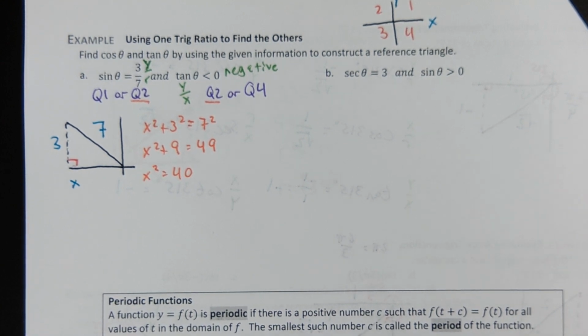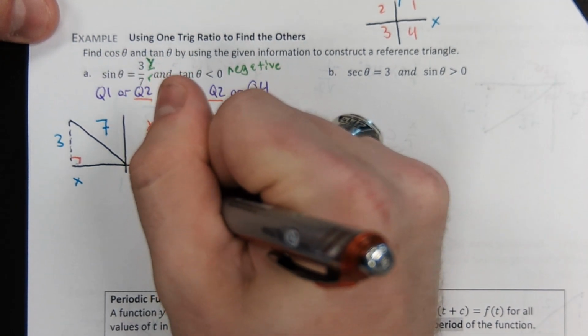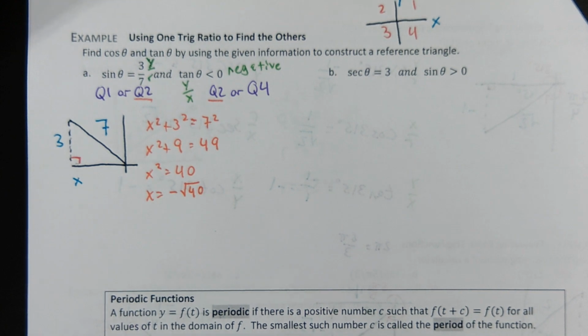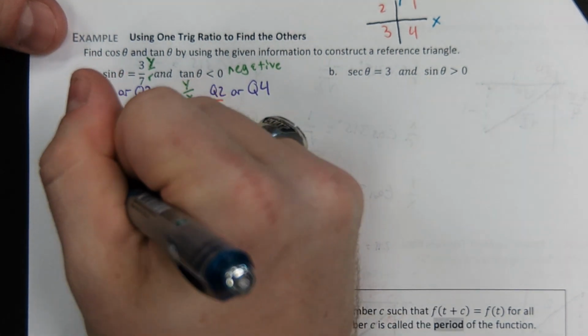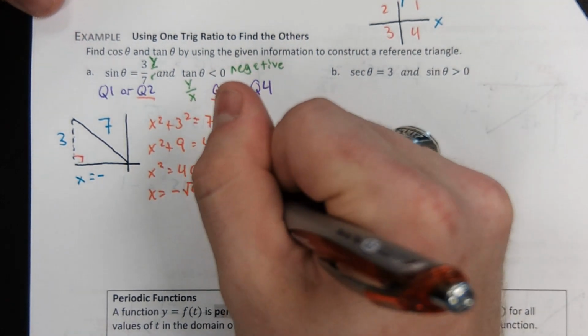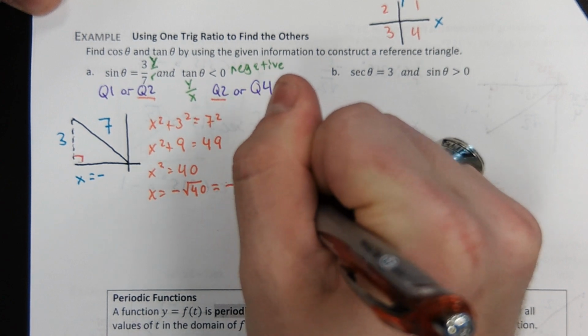X is automatically negative. But we can't leave it as the square root of 40. I mean, we know it's negative, but we can reduce the square root of 40. The only perfect square that goes into 40 is 4. It goes in 10 times. Square root of the 4 comes out. The 10 is hung up.